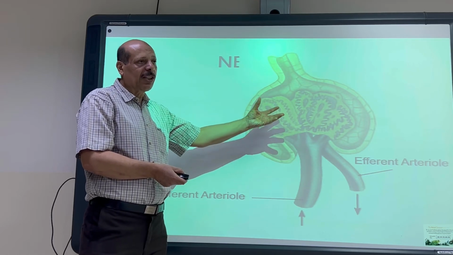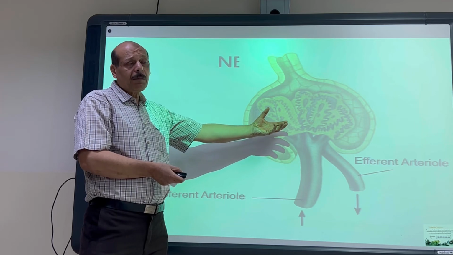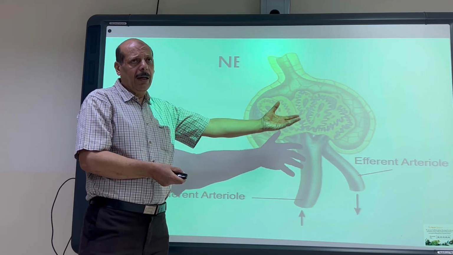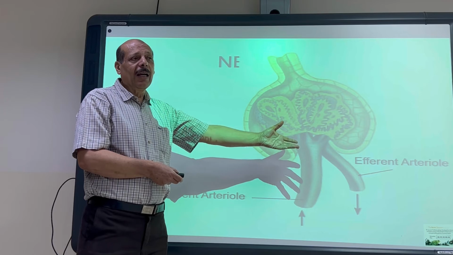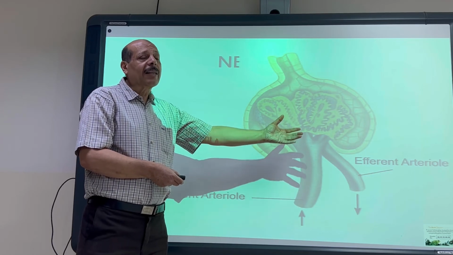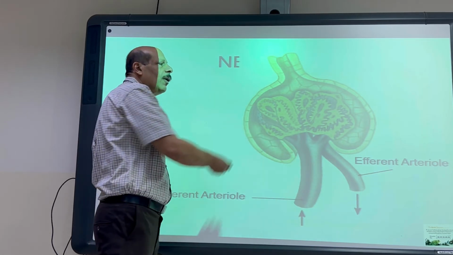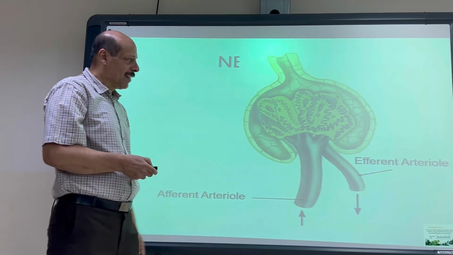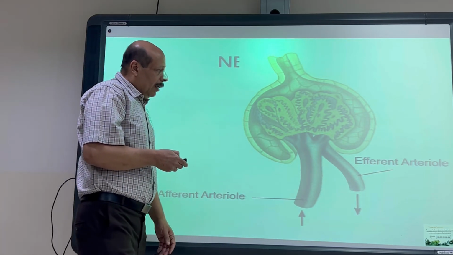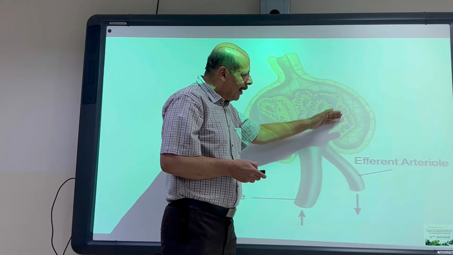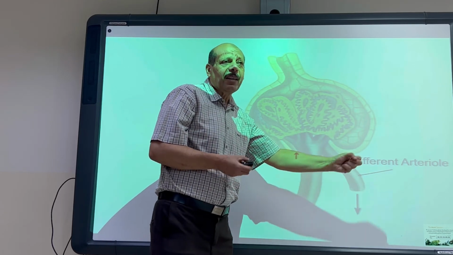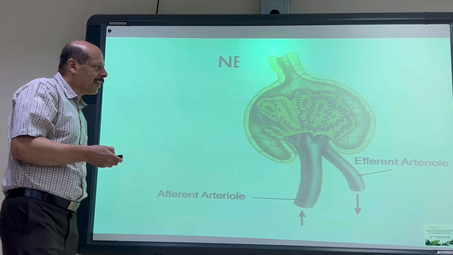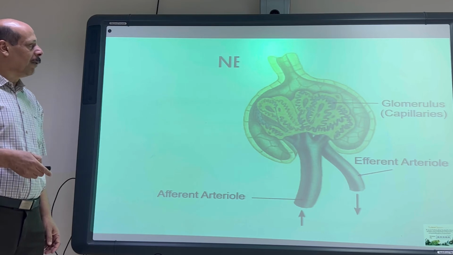And the concentration of all minerals and urea is low outside, so they will go out of the blood vessels. So when the blood is coming out after that, the pressure will decrease, it will come down.